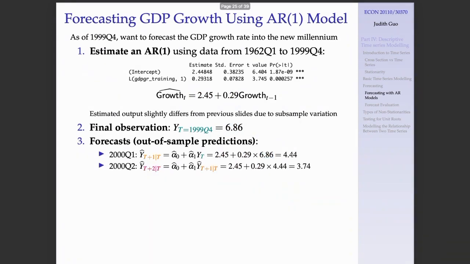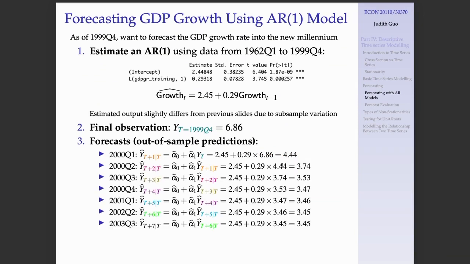Similarly, to compute the two-step ahead forecast, it depends on the same alpha hat naught and alpha hat 1, but it relies on the feasible one-step ahead forecast. So you can see there is a recursive nature here. You find the one-step ahead forecast first, and then you insert it to find the two-step ahead forecast. Similarly, that's how you can do it for longer-run horizon forecasts.